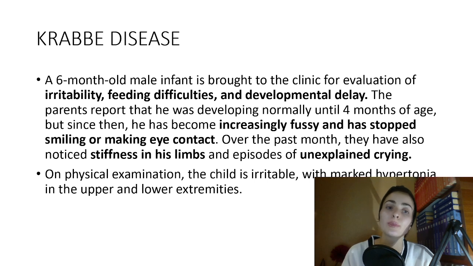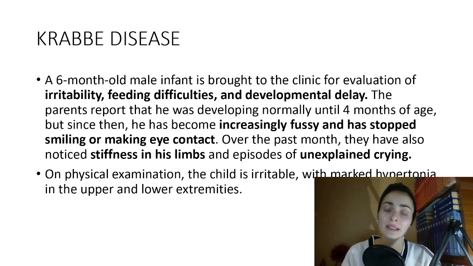The parents report that he was developing normally until 4 months of age, but since then he has become increasingly fussy and has stopped smiling or making eye contact. Over the past month, they have also noticed stiffness in his limbs and episodes of unexplained crying.